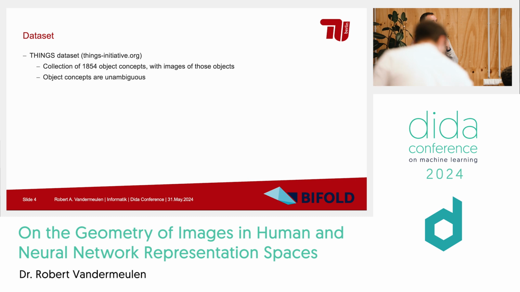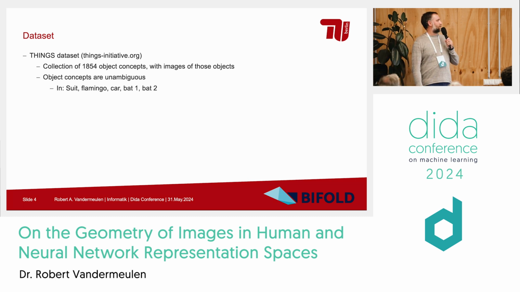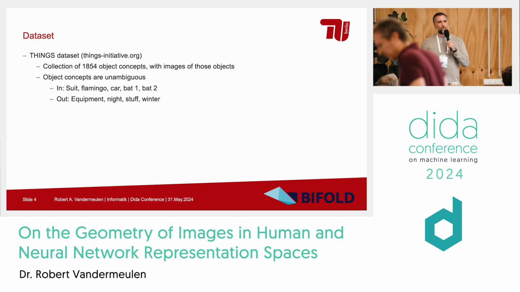Object concepts are unambiguous objects. So for example, we have suit, flamingo, car, bat as in a baseball bat, and bat as in an animal. These are in the things data set. Not in the things data set are concepts like equipment, night, stuff, or winter. It's really hard to have a picture that encapsulates winter.